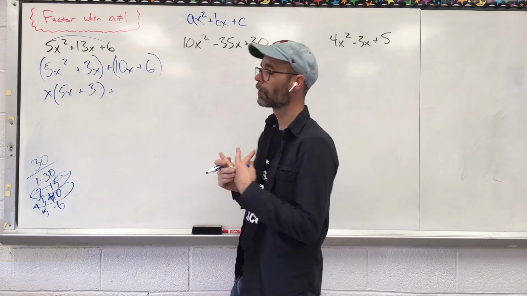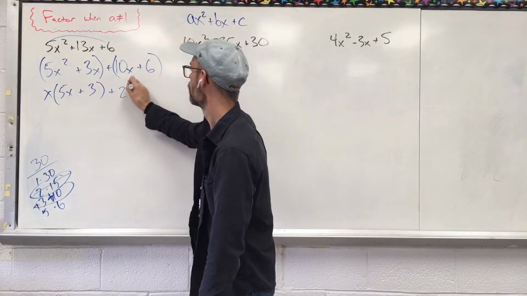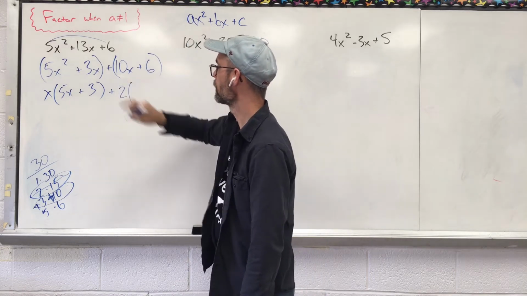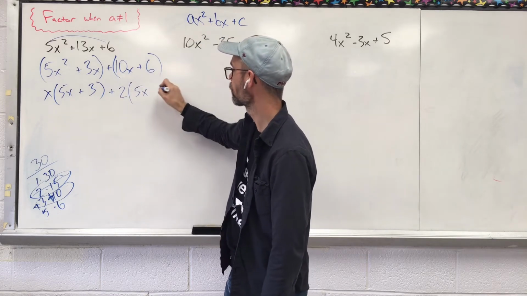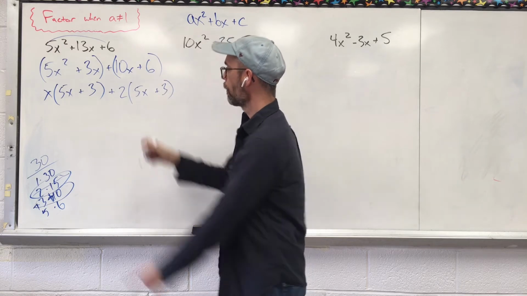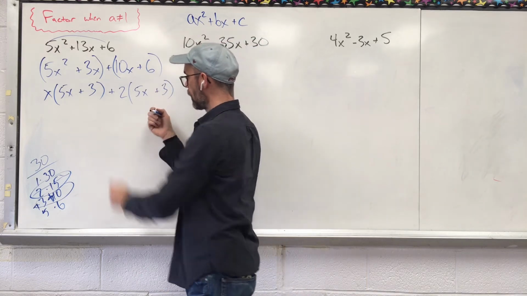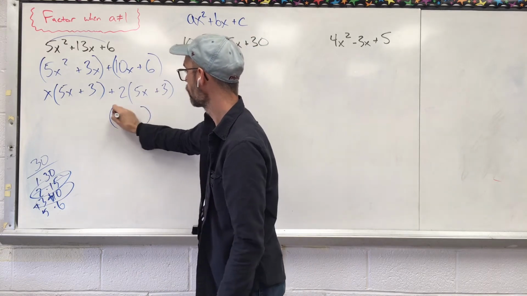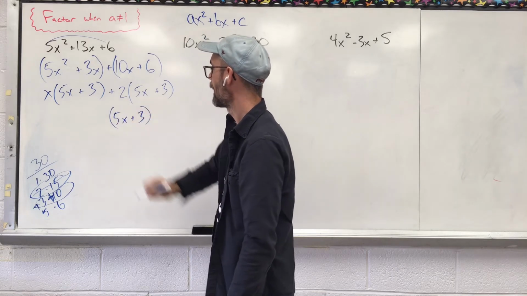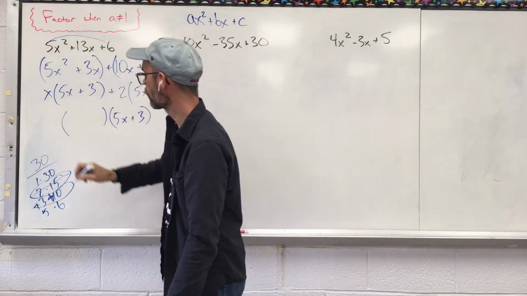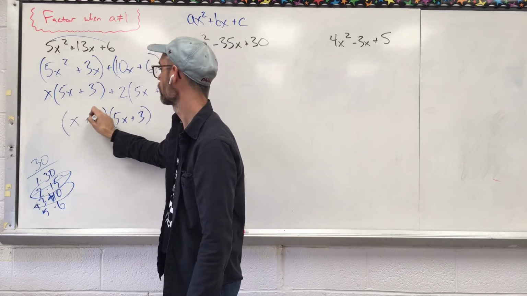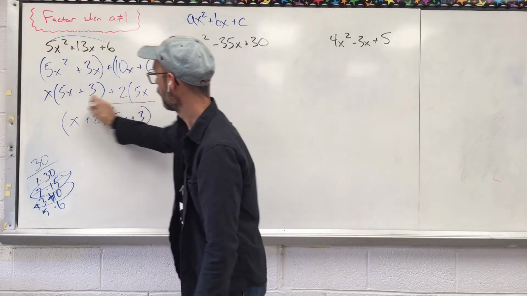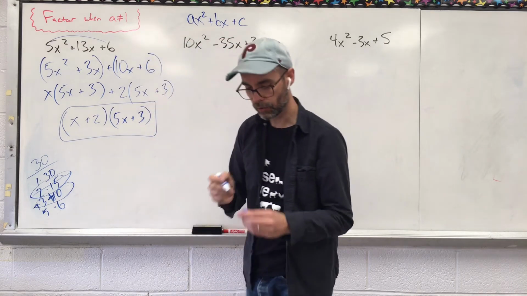Well, they're both even numbers, so they both share 2. 2 times what gives me 10x? 2 times 5x. 2 times what gives me 6? 3. Now, both parentheses are the same. That's good. Keep one. And then the other parenthesis we're going to create with the numbers that we factored out. So x plus 2. And you're factored.